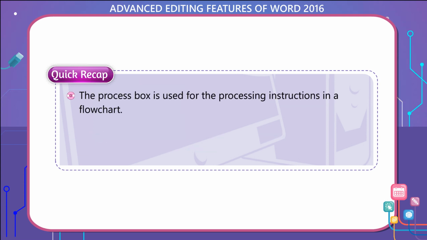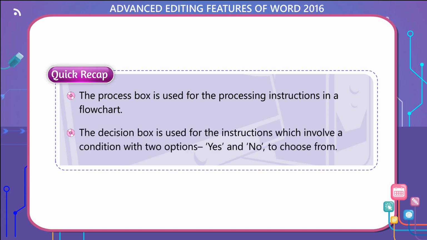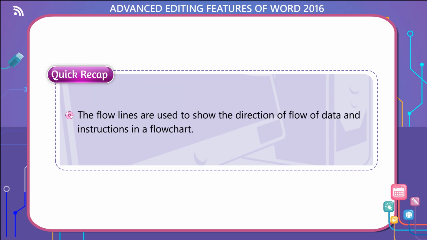The process box is used for the processing instructions in a flowchart. The decision box is used for the instructions which involve a condition with two options, yes and no, to choose from. The flow lines are used to show the direction of flow of data and instructions in a flowchart.